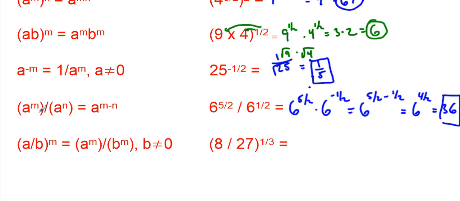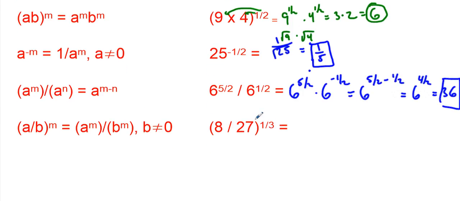All right. One more property. Once again, very similar to this property, the distributive property of exponents. If we have 8 over 27, all to the 1/3 power, what we can do is distribute this 1/3 both into here and to here because they are dividing.